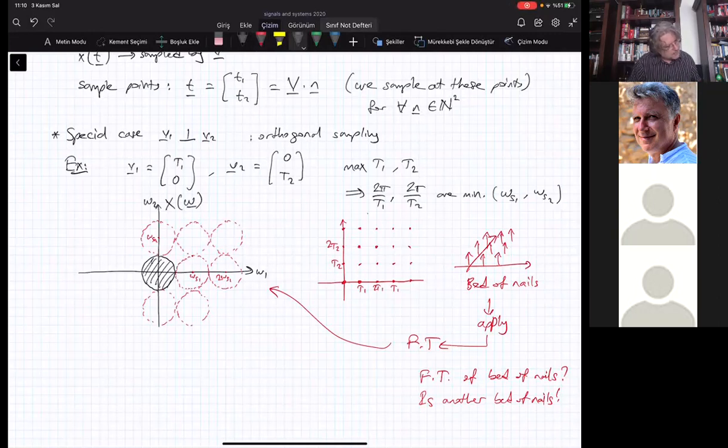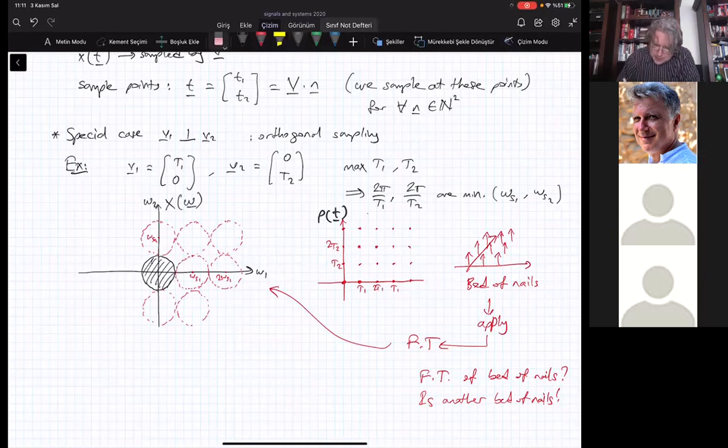Was I using a name for this one? Maybe P of T. This is the bed of nails.